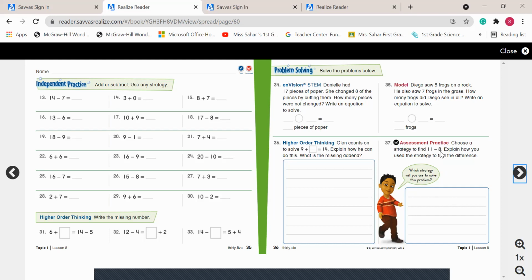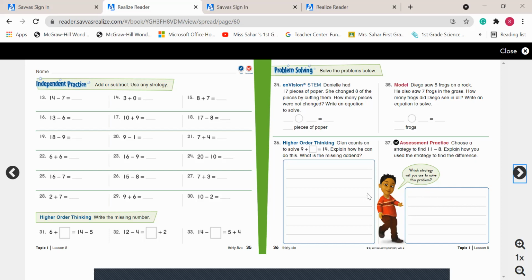So you think of addition to subtract. You're going to say what plus 8 equals 11. I know, counting on after 8, that means 9, 10, 11. That means 3. So 11 take away 8 equals 3. This is a simple way.